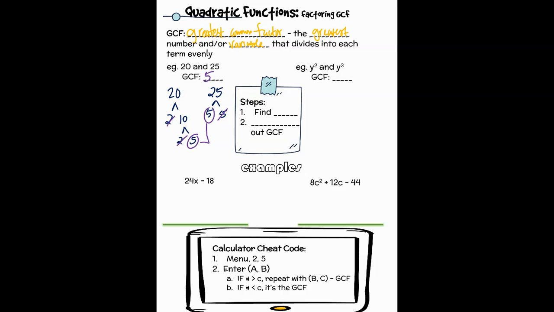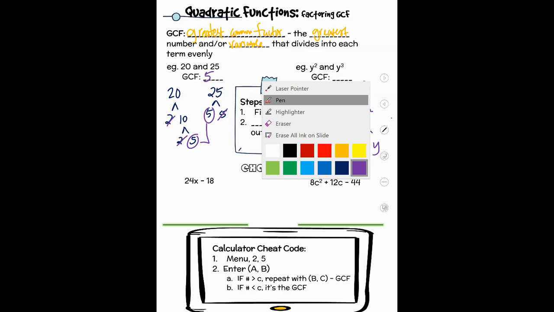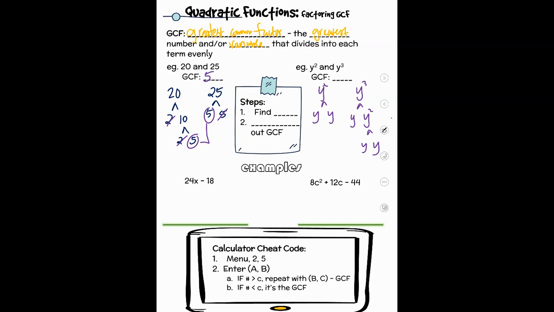Let's look at it for y squared and y cubed. So y squared is made up of y times y, and y to the third is made up of y squared and y. Let's see what we have in common here. We've got a y with y squared and a y with y cubed, another y with y squared, another y with y cubed.